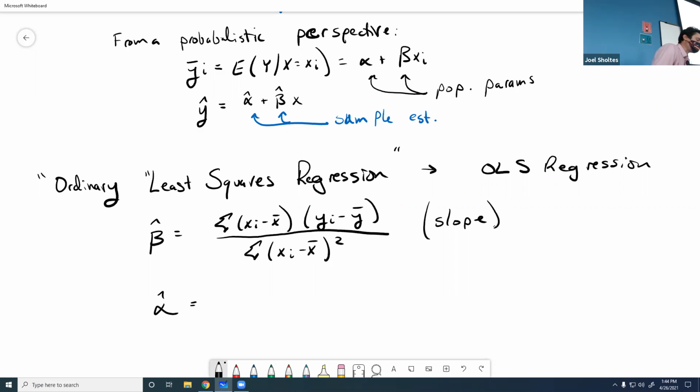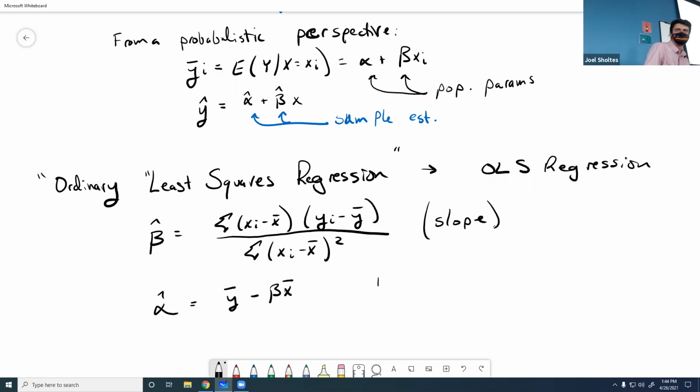And then alpha hat we can solve by the line equation. So we solve for the intercept by plugging in two numbers that we know pass through the line. And those two numbers happen to be y bar and x bar. So alpha hat equals y bar minus beta hat x bar.